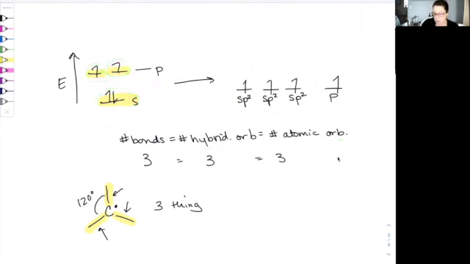We don't need to mix in that 3rd P because we don't have a lone pair or a bonded group that we would need a hybridized orbital to hold or to make a bond with. Does that kind of answer your question?